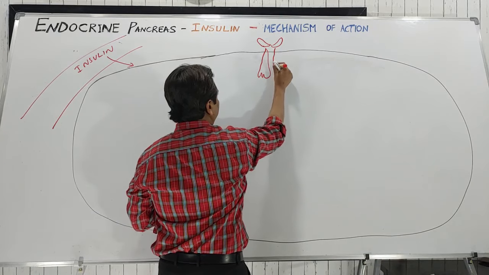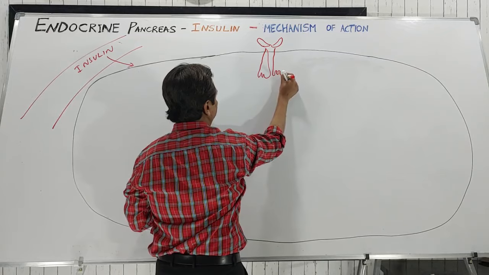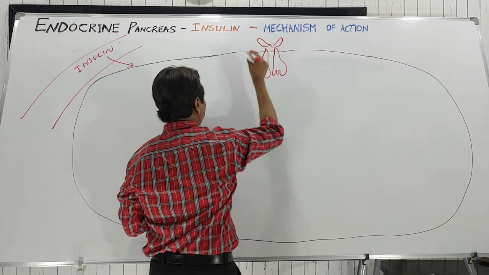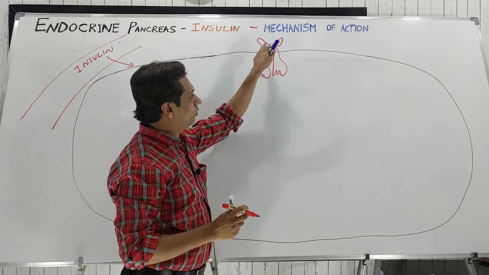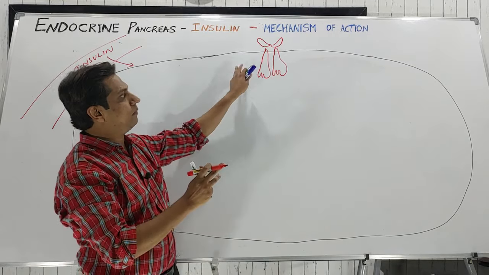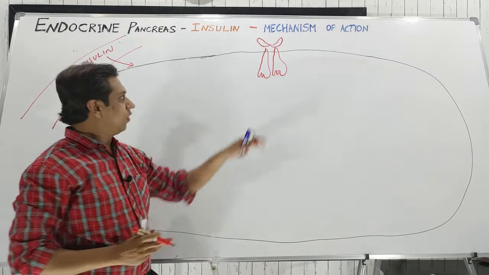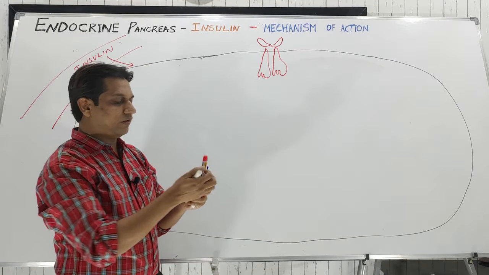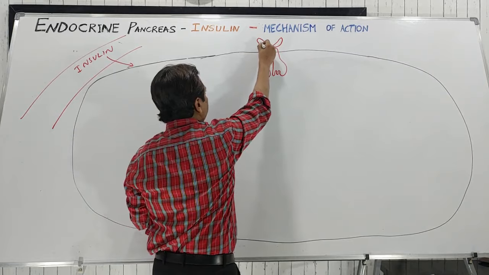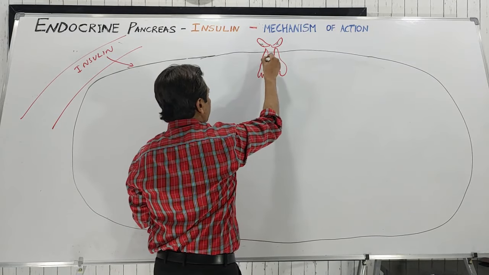On the target cells there are insulin receptors, that are the insulin sensors. Since insulin can't cross the cell membrane, it will act through the receptors located on the cell membrane of the cells. This insulin receptor has 2 alpha subunits and 2 beta subunits.